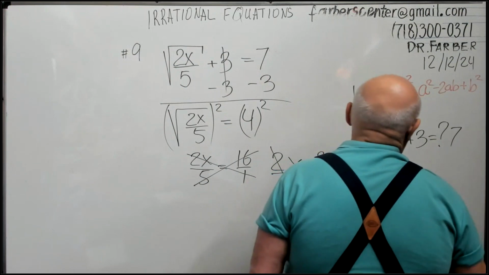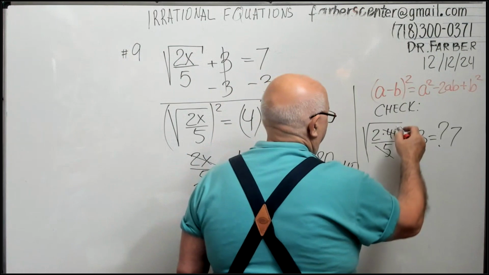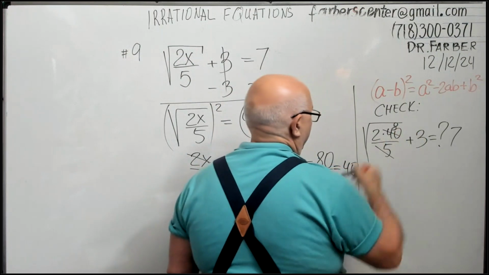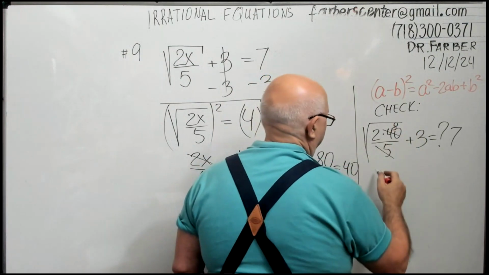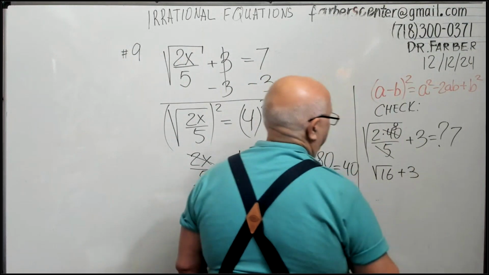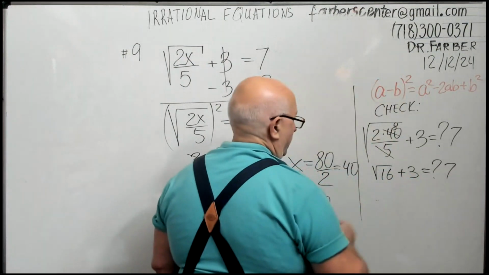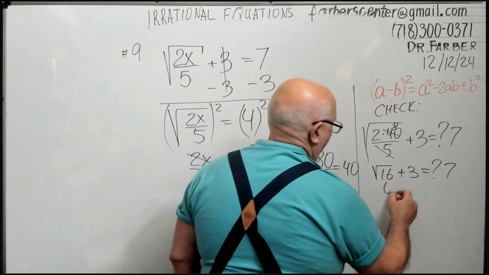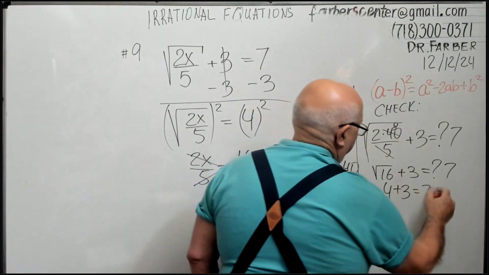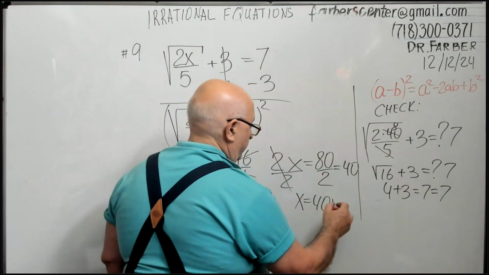Is it equal to 7? Well, 5 goes into 40 eight times. 2 times 8, 16. Square root of 16 plus 3 equals 7. Square root of 16 is 4, plus 3 equals 7, and 7 equals 7. Good. So this is us.